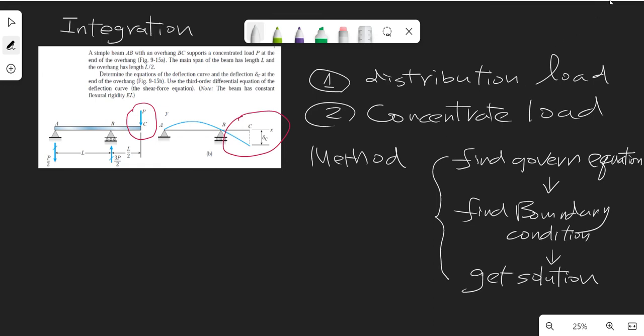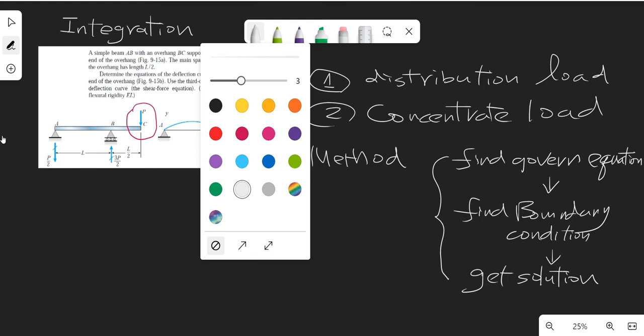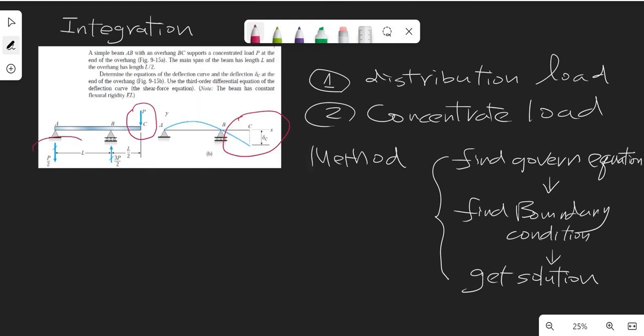In this case, we need to calculate the reaction force. I think it's very easy for you to calculate the reaction force, so I don't want to calculate it for you.